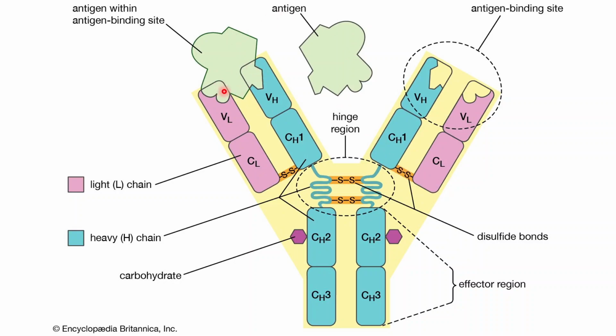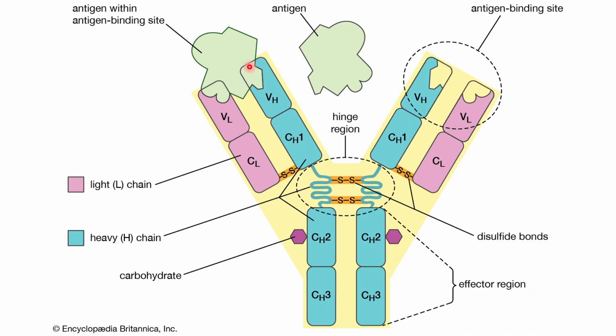And the top part of the Y, the open part of the Y, basically has the antigen binding site. Each antibody will be specific for a particular antigen. So you can see the binding is kind of a shape complementary binding.